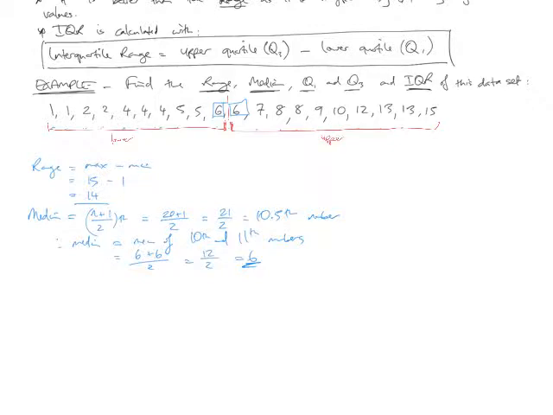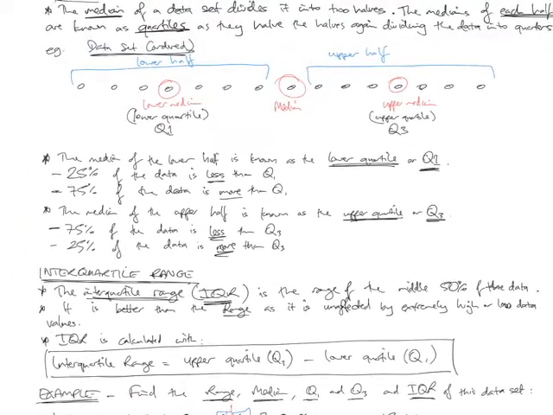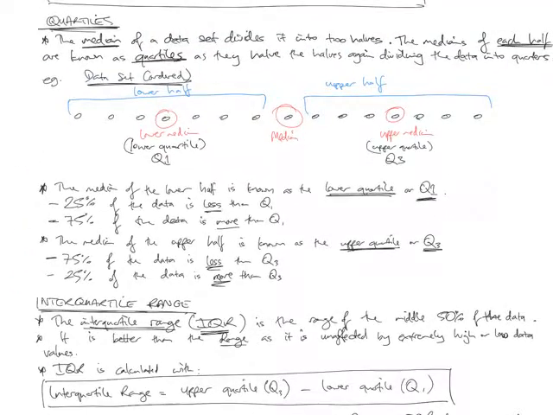That is different to if the data has an odd number of values. See how here the upper half does not include the median? The lower half does not include the median, so just be wary of that when you're finding Q1 and Q3.